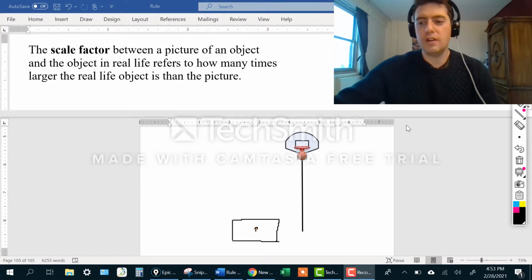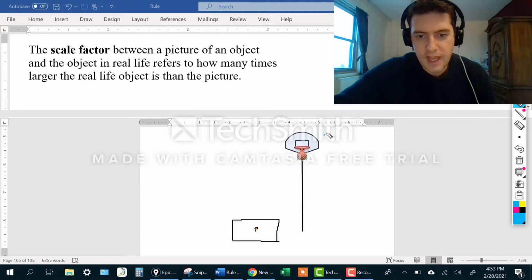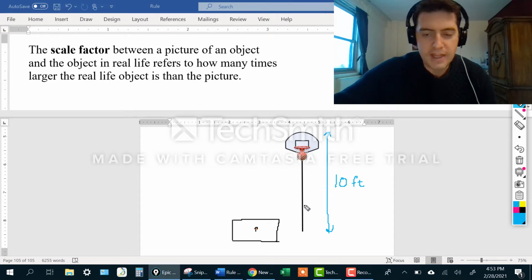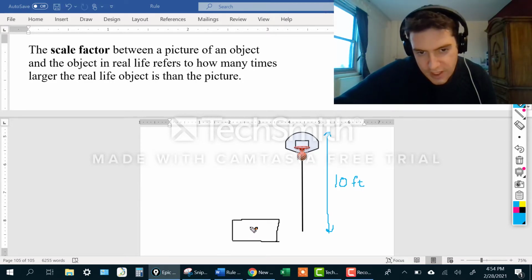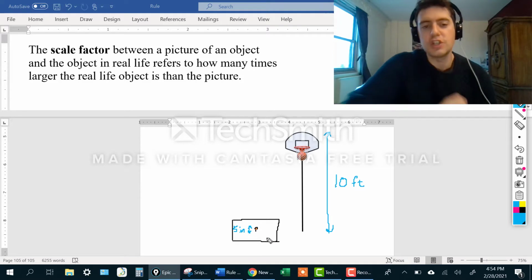Okay, well, let's put some numbers to it now. Let's say that the actual height from here to here is 10 feet. And let's say that this little tiny picture that somebody drew of the basketball pole is only 5 inches tall.